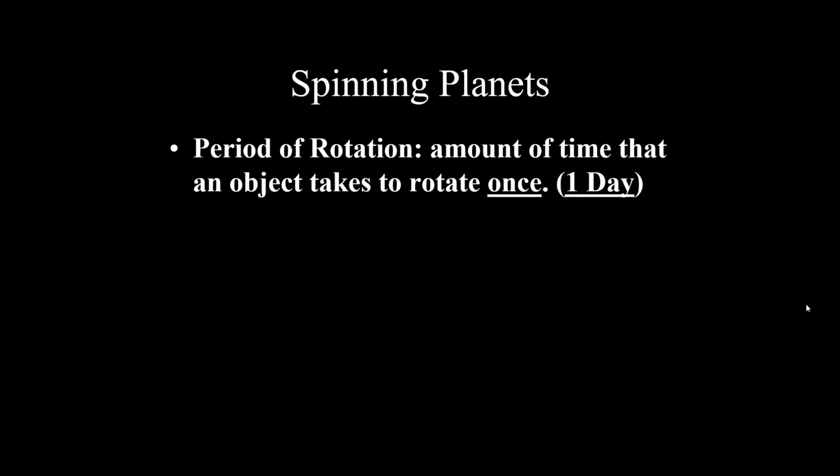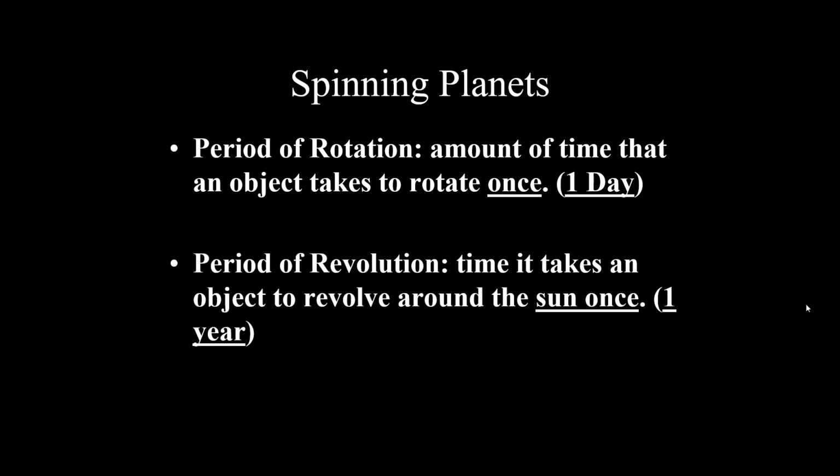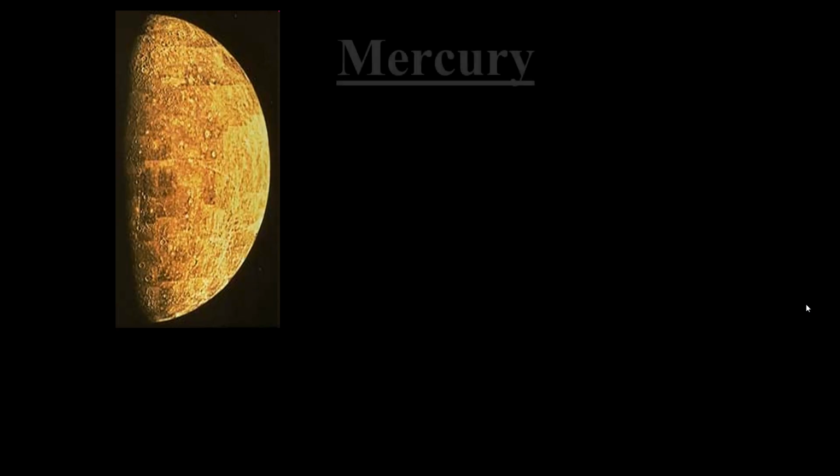Period of rotation, the amount of time that an object takes to rotate once. 1 day means 24 hours. Period of revolution, the time it takes an object to revolve around the sun. 1 year, 365 days.